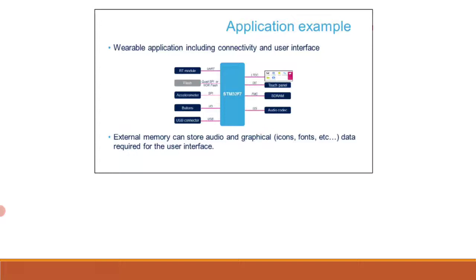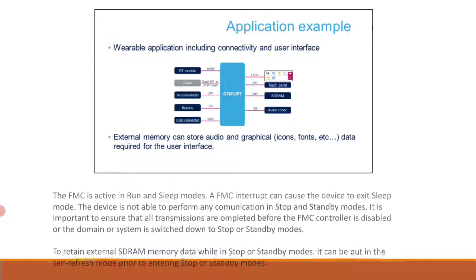To retain external SDRAM memory while in stop or standby modes, it can be put in the self-refresh mode prior to entering stop or standby modes. I recommend this technique. It worked for me plenty of times. If you go through some peripherals like reset clock control RCC, NVIC and general purpose IOs, which the trainings will follow soon, those things will help you.